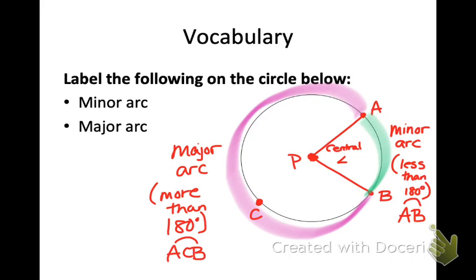So major arcs will always have 3 letters, okay, because they're going to tell you which direction you need to go in. If you only see 2 letters, go the shortest distance between those 2 letters. So if I was told, look at arc AB, I'm going to go shortest distance.